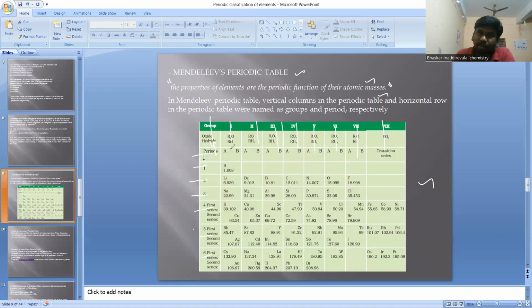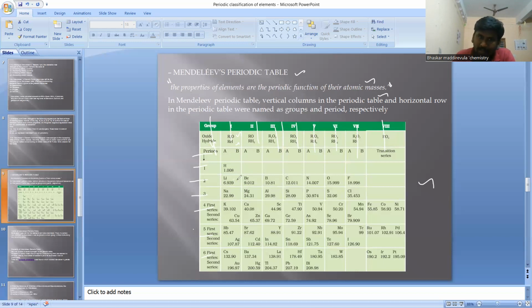He grouped the elements which show similar reactivity toward oxygen and hydrogen. Those elements he kept in one group. That means whatever elements you see in a group, they give similar types of oxides and hydrides.